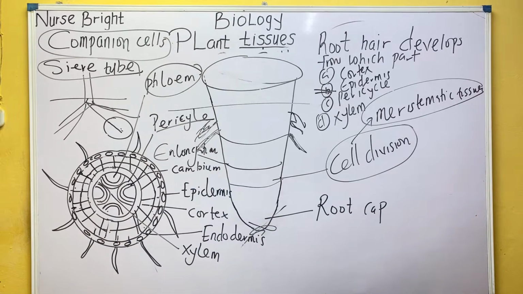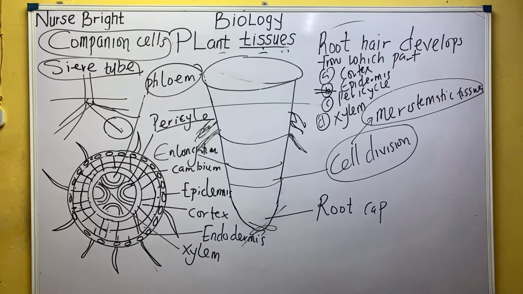So basically, the conducting tubes that help phloem, we call them sieve tubes. Just note that. So that is for that.